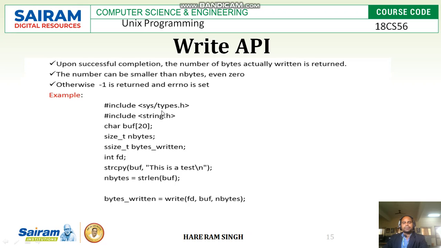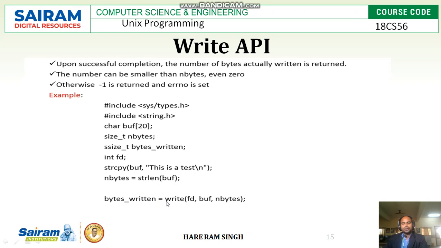For example, let us see: #include sys/types.h, #include string.h, char buff[20], size_t nbytes, ssize_t bytes_written, int fd, then strcpy(buff, "this is a test"). So this string I want to write, so this string is copied in buffer. Now nbytes is nothing but the length of this string.